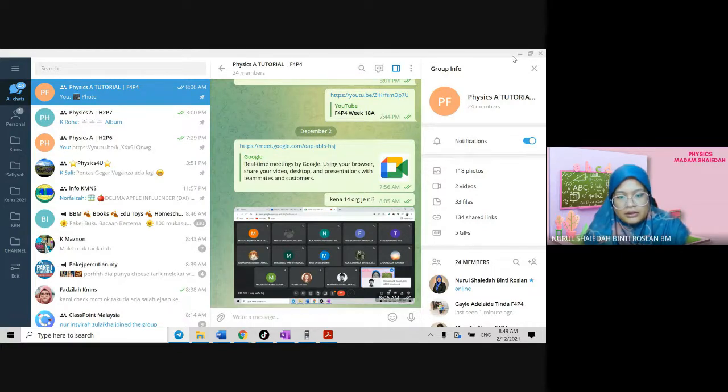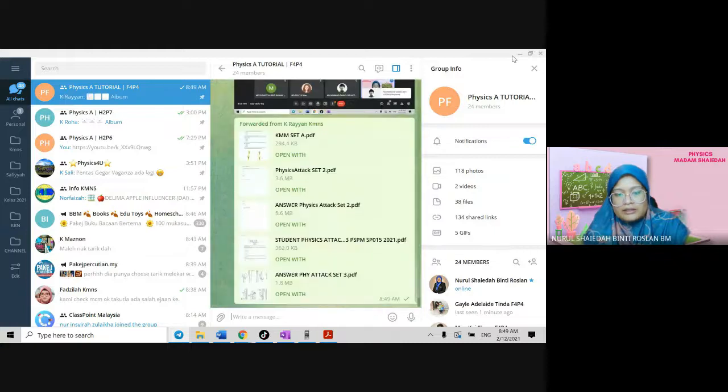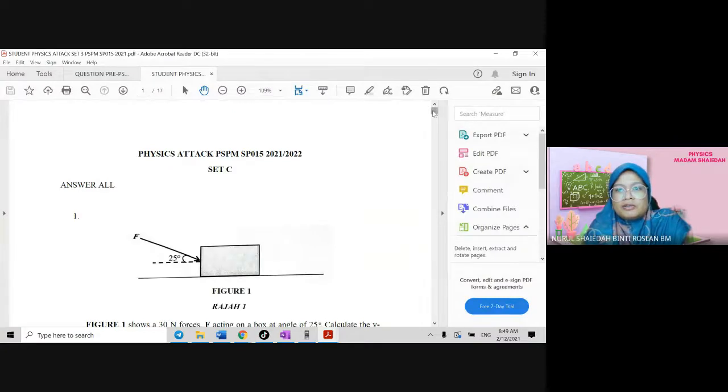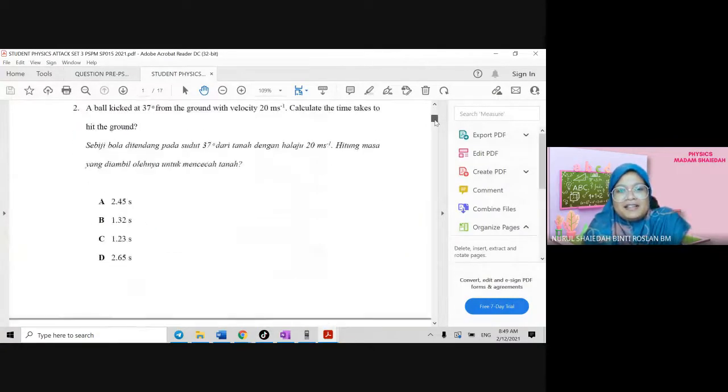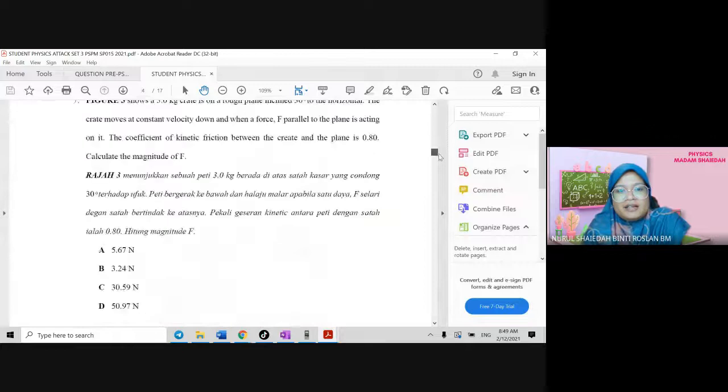Okay. Ni ada yang metrik Melaka, maksudnya ada dalam tu kot. Ni fizik attack tu, answer, lepas tu fizik attack pula banyak. Fizik attack. Ni. Tengoklah apa yang ni boleh buat.